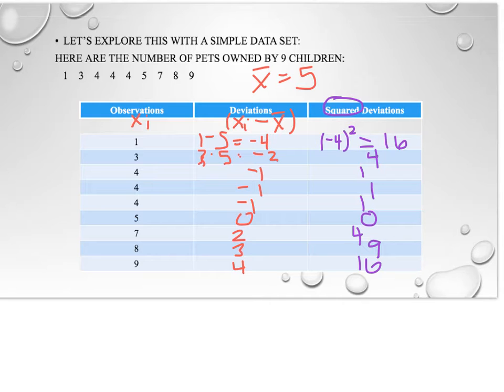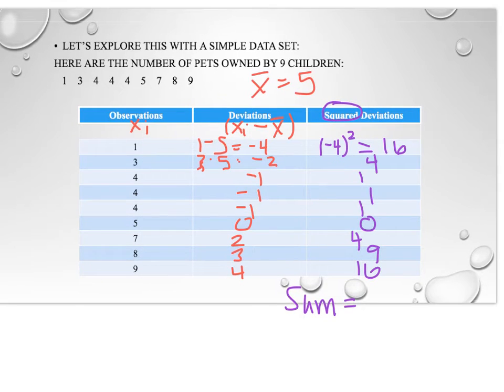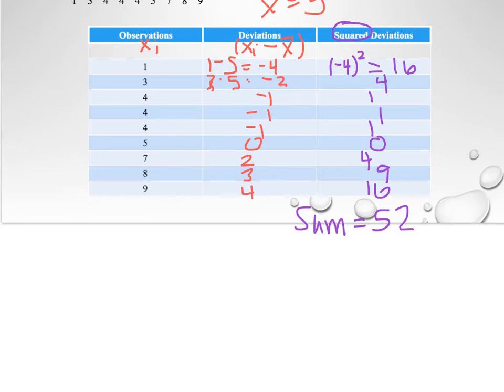Alright. Now, the next thing we need to do is find the sum of these squared deviations. So we want to add all of them up to see what they add up to. They end up adding to 52. Okay, we're still not quite there. Now, we want to take that sum and divide it by n minus 1, where n is just our number of observations.